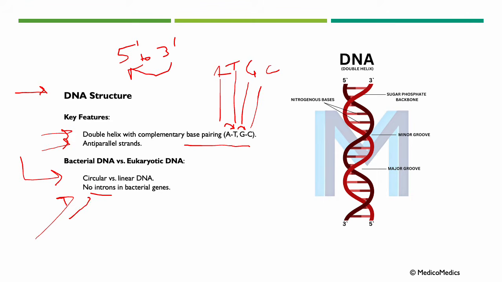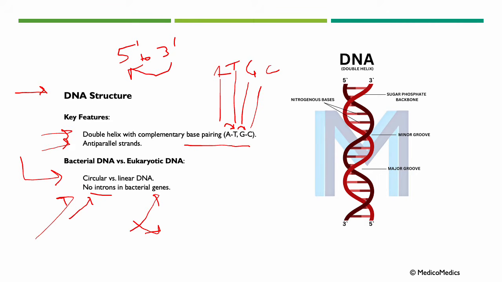So there are no introns in bacterial genes, while for humans, we will find introns and exons. Furthermore, eukaryotic DNA is typically linear, while in bacteria, it is typically circular. And what about packaging?